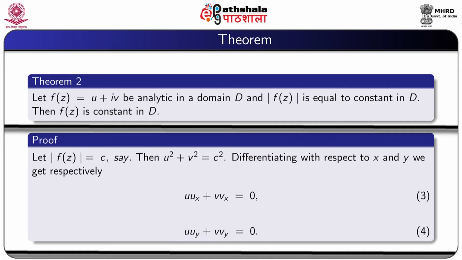Then since f(z) equal to u plus iv, obviously mod f(z) equal to root over u square plus v square. So, this gives u square plus v square is equal to c square.